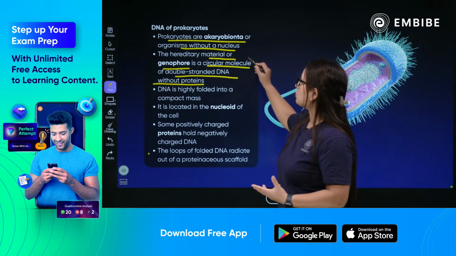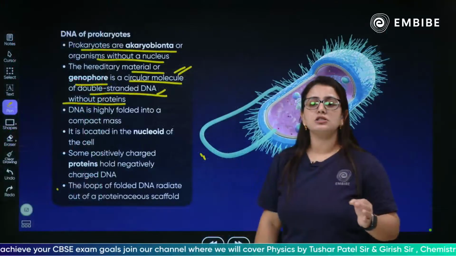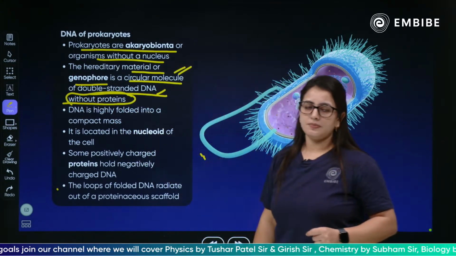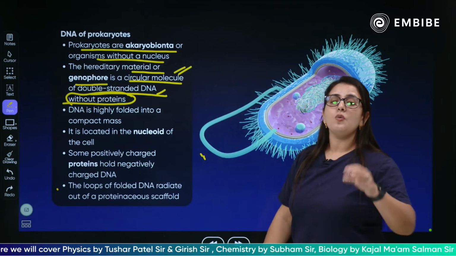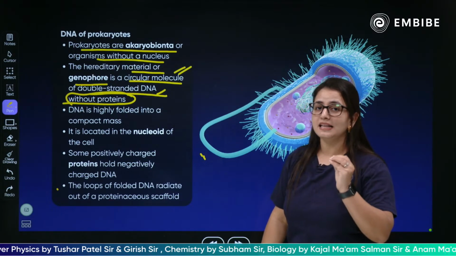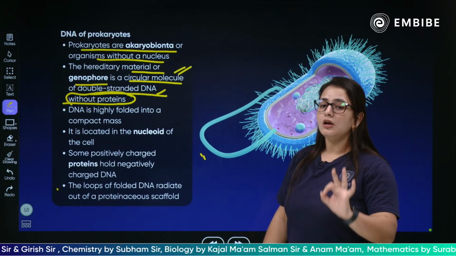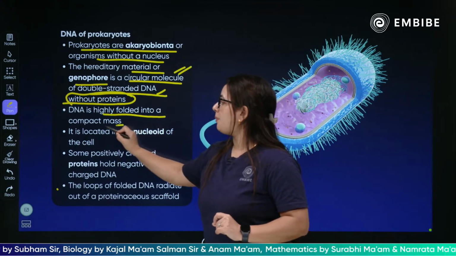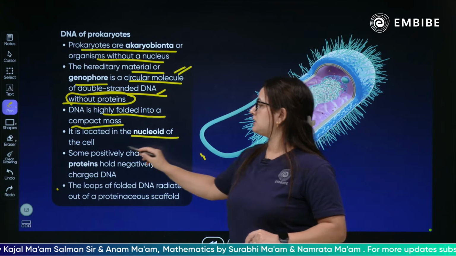Listen carefully, the prokaryotes have a genetic material which is a circular double-stranded DNA molecule without proteins, and the DNA is highly folded into a compact mass and it is located in the nucleoid of the cell.